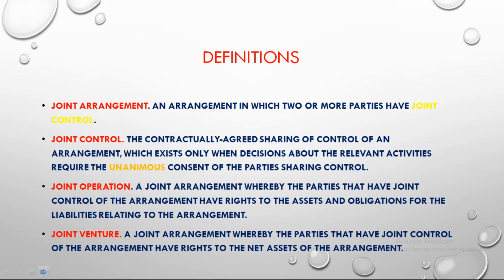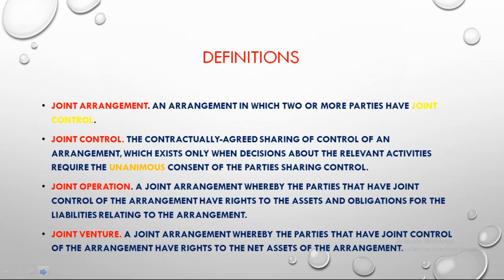So what is a joint operation? A joint operation is a joint arrangement where the parties that have joint control of the arrangement have rights to the assets and obligations for the liabilities related to the arrangement. So where each party to the contract, say two of us, we have the rights and obligations to the assets and liabilities of that joint arrangement.